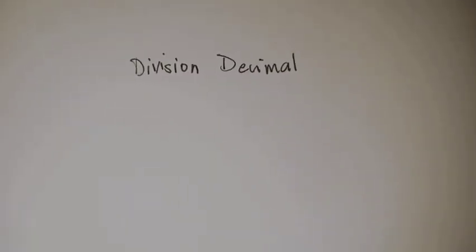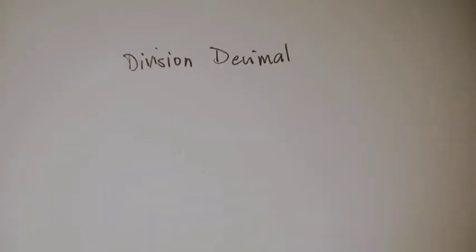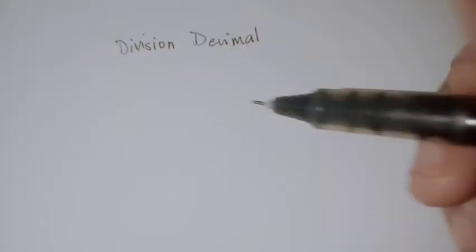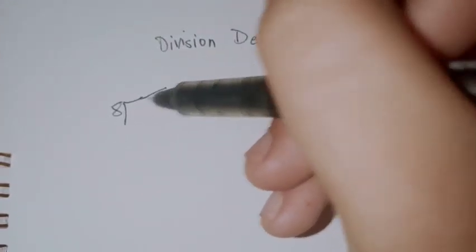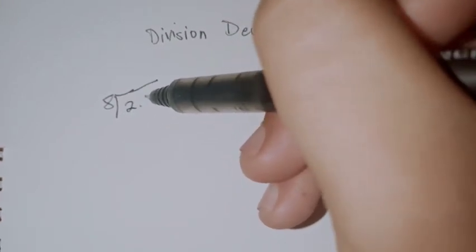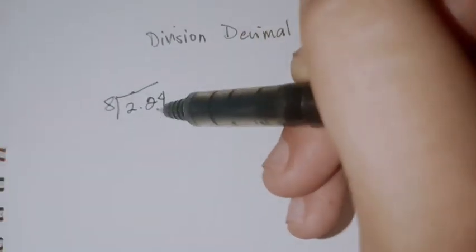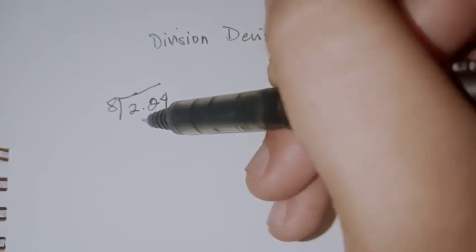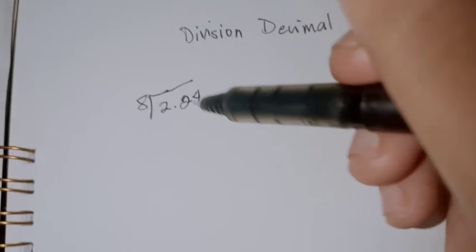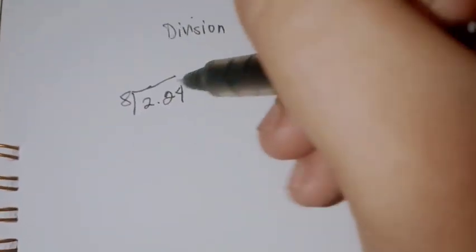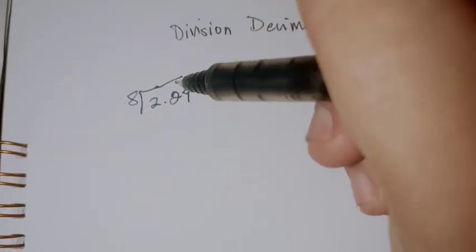So now what we're gonna do is decimal division. So here are some examples. If the divisor is a decimal and the dividend is a whole number, we can still solve this.